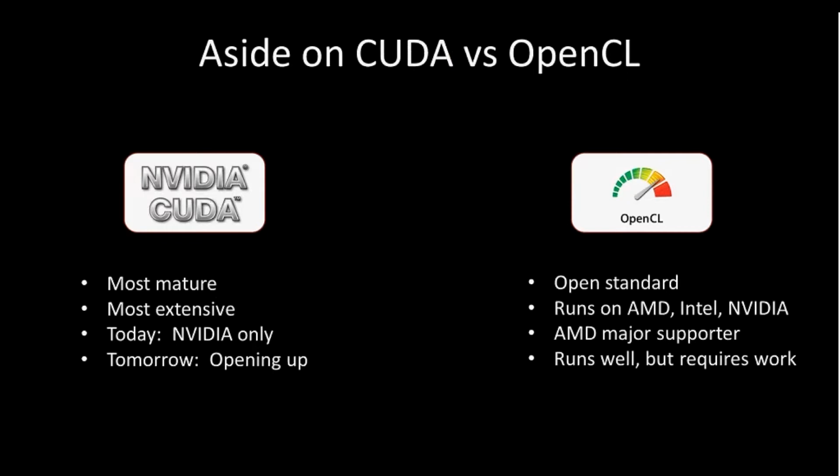OpenCL is an open standard, much like OpenGL, the graphics counterpart to the compute OpenCL. It runs on AMD, Intel, NVIDIA, and many, many other manufacturers' devices. AMD is the major supporter today. It runs well but requires some work to run on the various different devices in a performant manner.